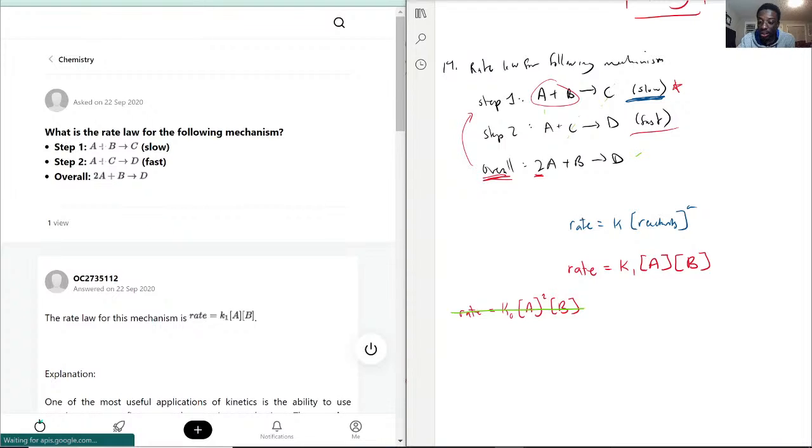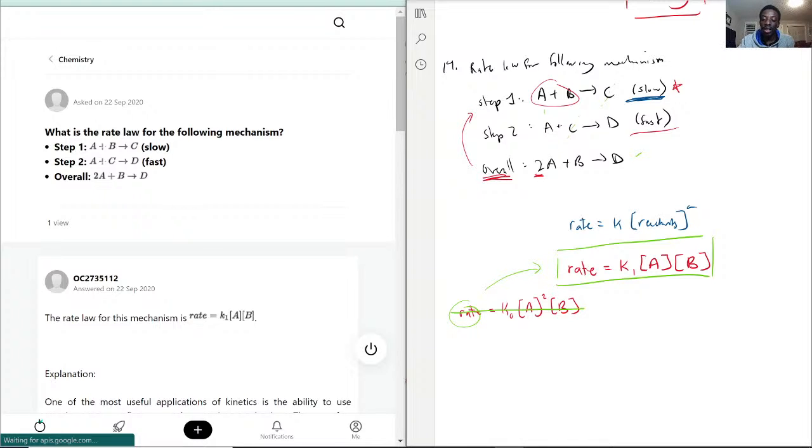But because we have to use the concept that the slow reaction determines how fast the reaction would go, this is actually what we end up with, because it would actually be based on this. In fact, if we were to even write this overall reaction, we would see experimentally that this rate for the overall reaction would be very close, if not almost the same, as this rate for the first step.